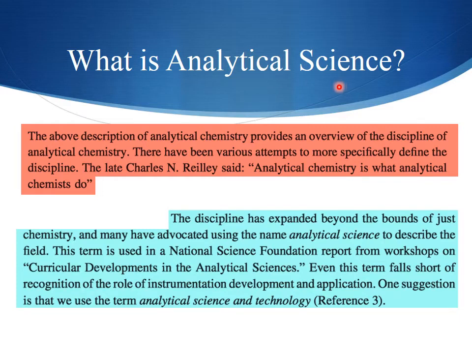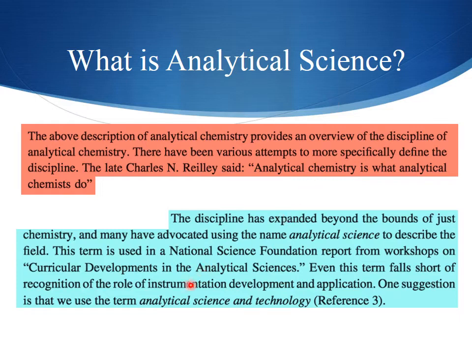analytically we are not only restricted to the chemical substances, but it has found its importance, for example, in agriculture as well as in forensic sciences. So scientists were of the view that we should not only restrict it to analytical chemistry, but should use the word analytical science, so it can cover the broader aspect.